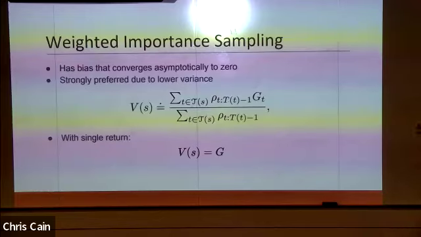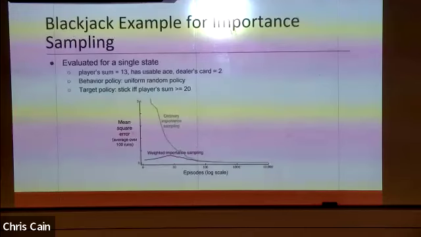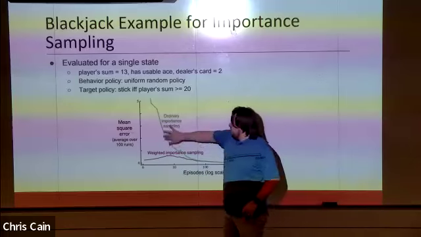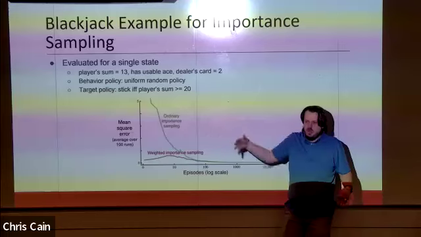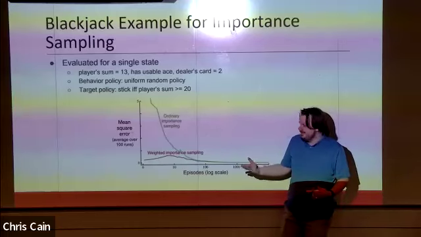So it's preferred because it has lower variance, it doesn't have unbounded variance, it has a guarantee of some variance. So I don't find this to be the single most important thing that we cover. But if we use importance sampling and go back to blackjack, here is the error associated with how the average over 100 runs of how much error there is in terms of where you should hit and stick.